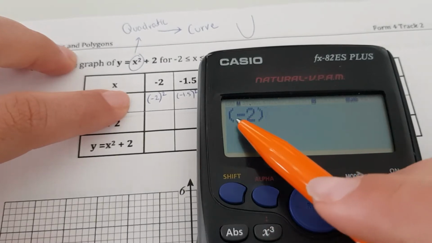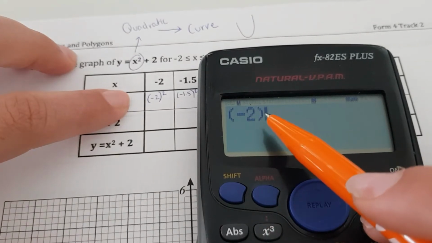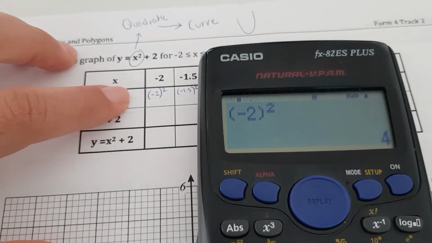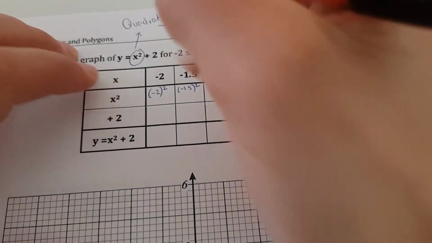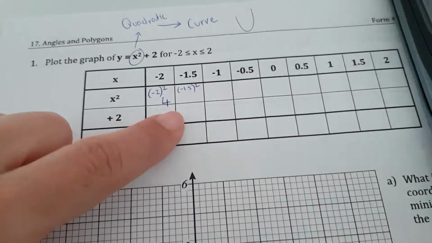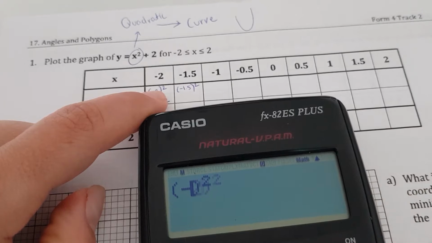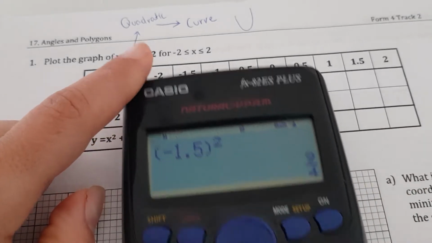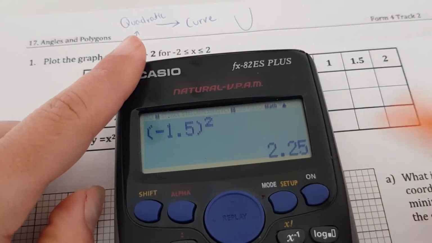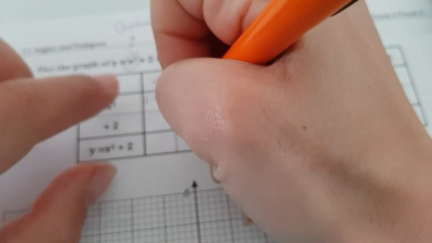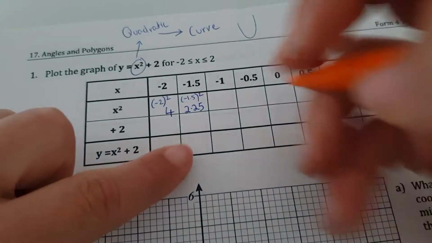So on your calculator, do close it in a bracket, else you will get an incorrect answer, and that's a positive 4. Minus 1.5 squared, let's say 2.25. Don't forget, when a negative sign is being squared, it becomes positive.